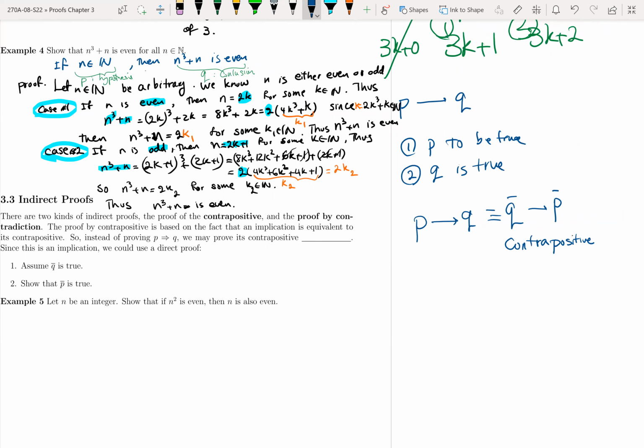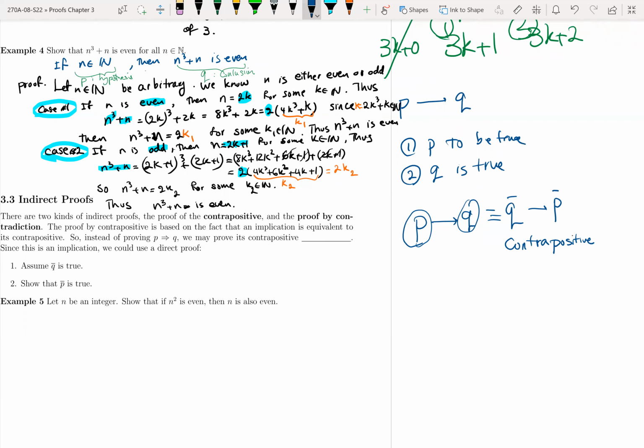In order to prove P then Q, you can directly start with P and prove Q. That's a direct proof. If you don't like it or it doesn't work, you have to go backward. You say, I can't prove directly from P to Q, but I can say, if not Q, then not P.